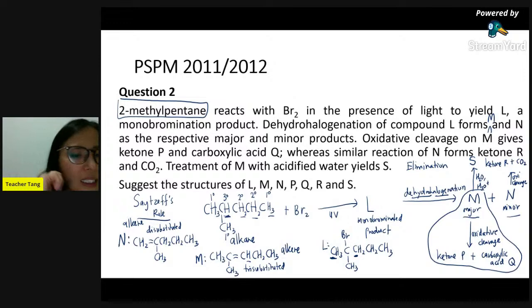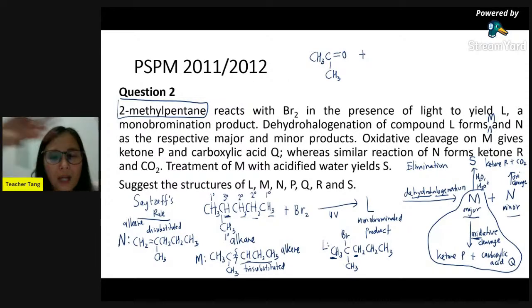So what is oxidative cleavage? N undergoes oxidative cleavage. Remember, oxidative cleavage means breaking the carbon-carbon double bond. When this breaks, you will get two products. You will get CH3, C. Remember, this is oxidative cleavage. After breaking the carbon-carbon double bond, oxidative cleavage means it will give oxygen, and another one here.